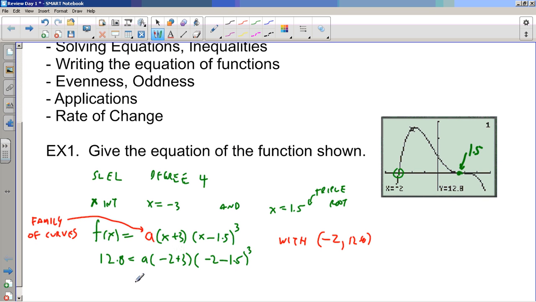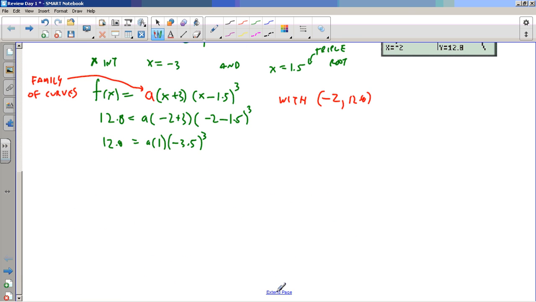I'm going to be as exact as I can here. This is a, this is 1, this is -3.5 cubed, which is some awful number, -47.875. And then how do I get a? I divide by that, and it doesn't work out nicely, but oh well.